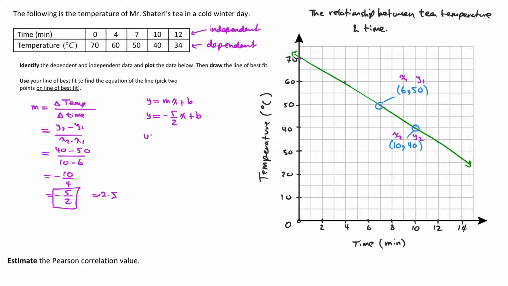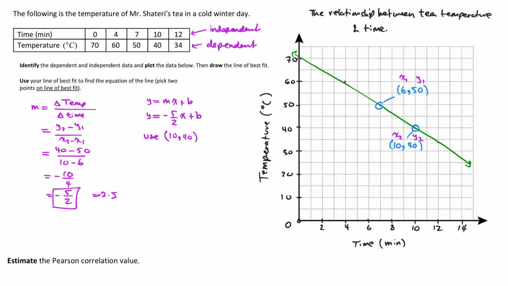It doesn't matter which point you use. I will use point 10, 40. Again, you could choose 6, 50, or you could use any other points on your line. In this case, I've chosen this one over here.